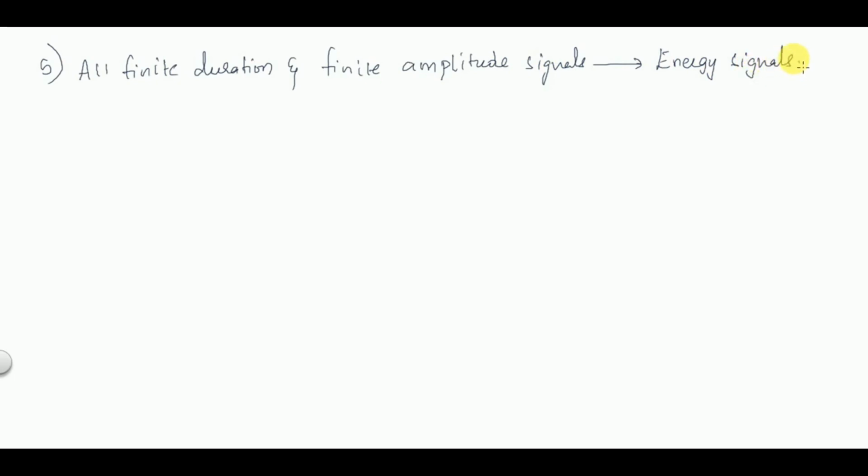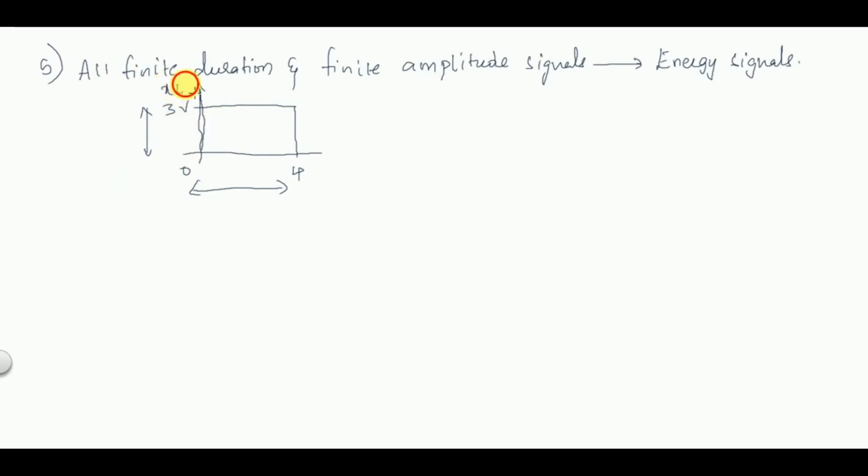Finite duration, and amplitude should also be finite. For example, you can take any rectangular signal like this, or unit step signal. Suppose it is from 0 to 4 with an amplitude of 3. So it is having finite duration, that is from 0 to 4, and finite amplitude, that is 3 volts.